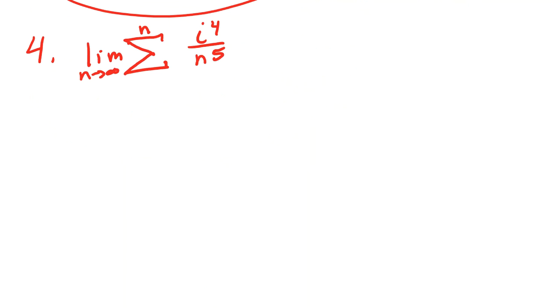Can we work backwards from this sigma notation and find out what integral it is? So again, we know this is the definition of an integral because it looks like we're adding up an infinite number of rectangles. So how can we make this look more like a height times a base?